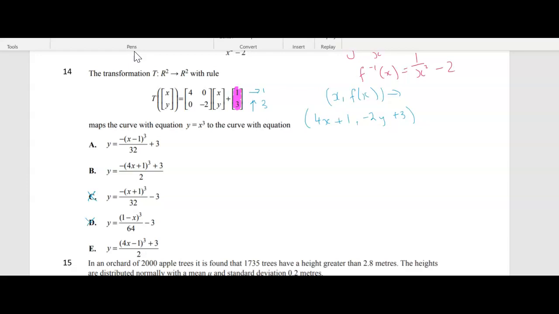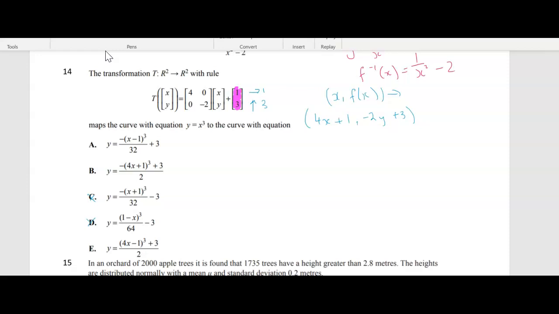We do have a +3 as a constant here, and in A, and in B it's a part of the numerator. So I don't want to cross them off yet in case they've brought together a common denominator. Let me just quickly cross them back out. So C and D.